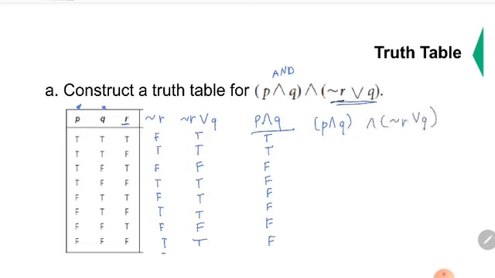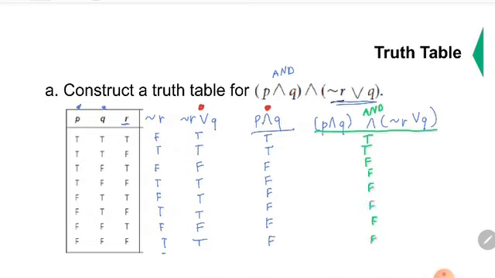The given, rather. So, I have to take a look at this one and this one. So, I have a conjunction. So, dapat pareho silang true for this statement to be true. So, true and true, true, true and true, true. The rest is false. Kasi may nakikita na akong false.